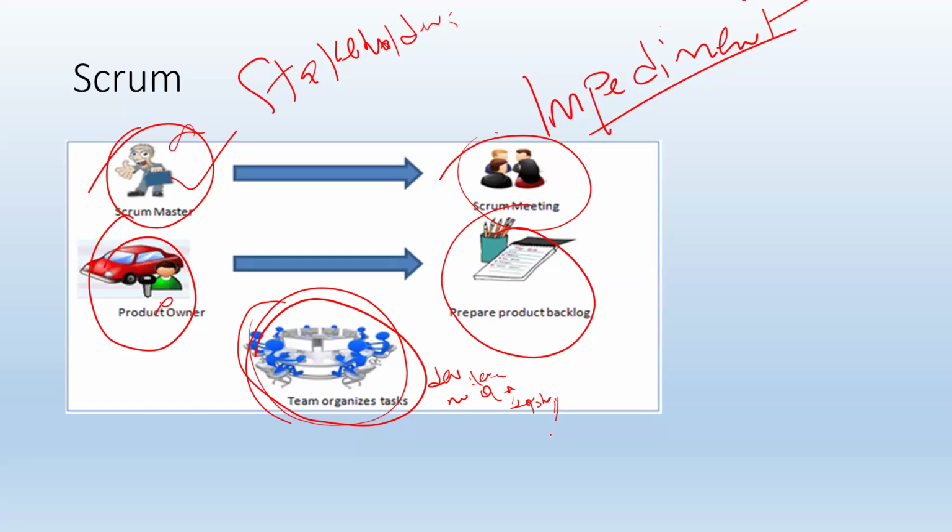Everyone is a team member. Of course, we'll be doing QA in that team, and some will be doing development. We have one team, but it doesn't mean there will be separate QA and dev. This kind of misconception is not there in Agile.